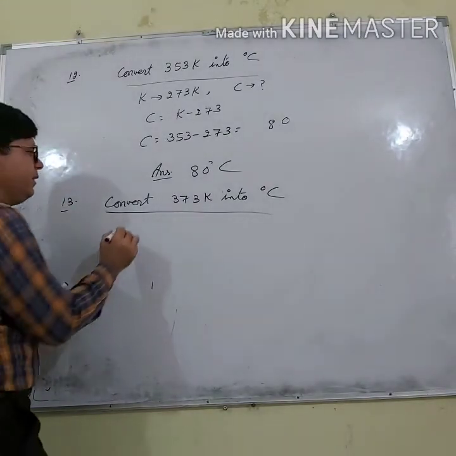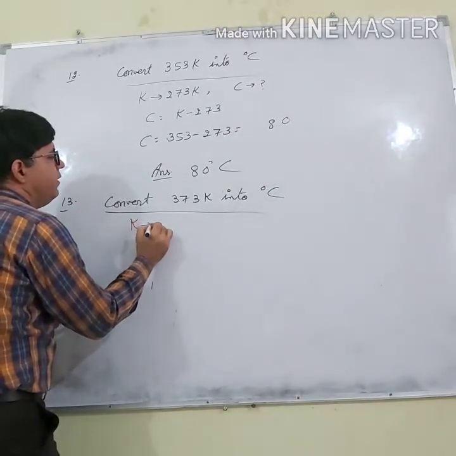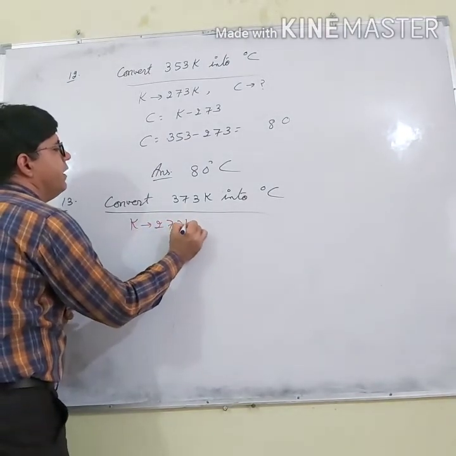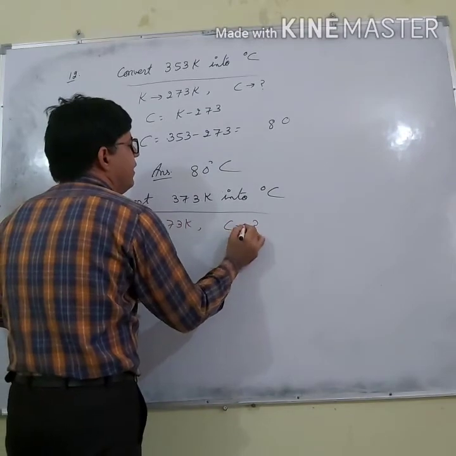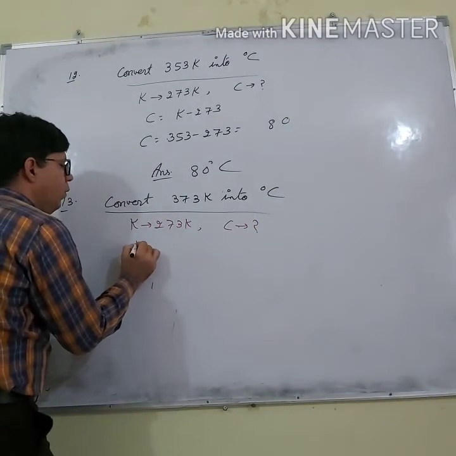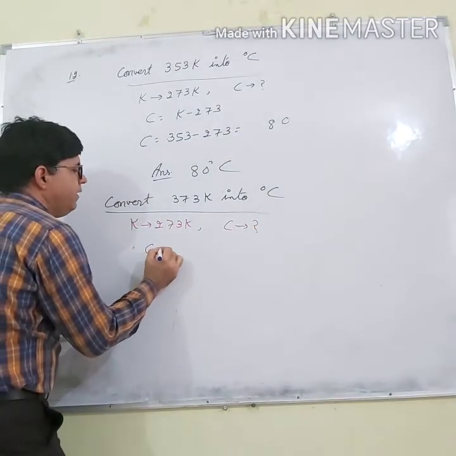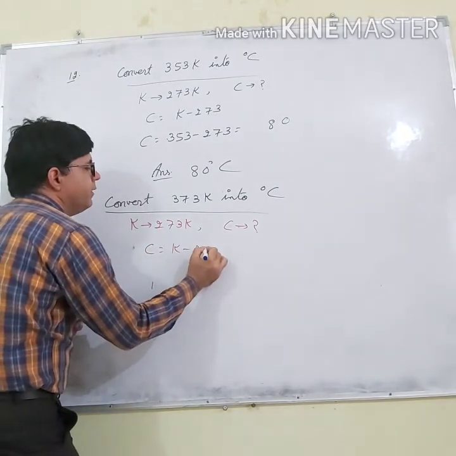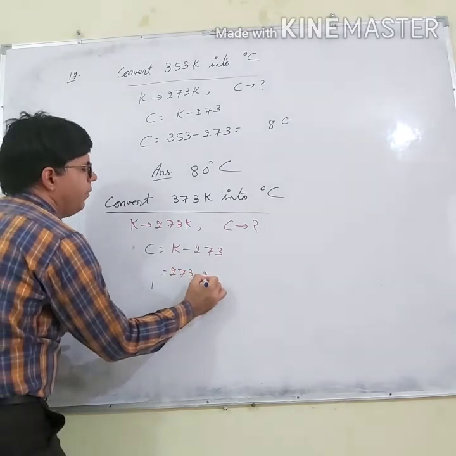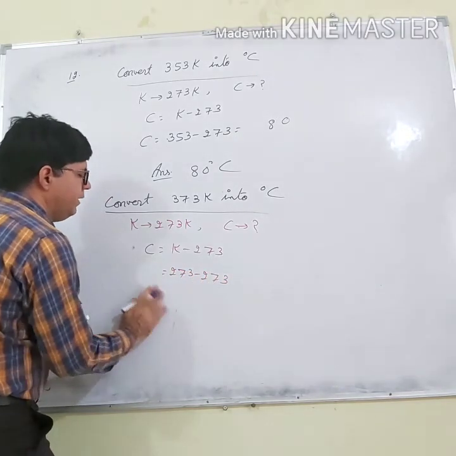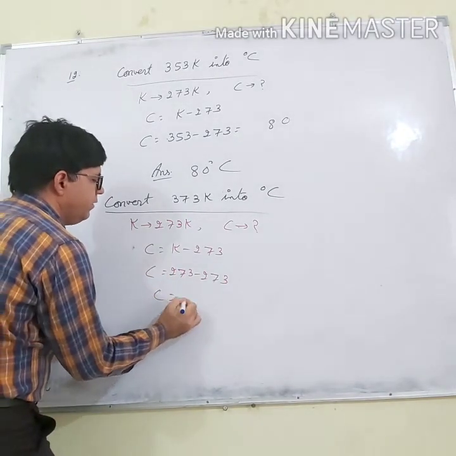Here temperature in Kelvin is given, and temperature in degrees Celsius I have to find out. What is the formula? C equals K minus 273. If it were 273 minus 273, C is 0.